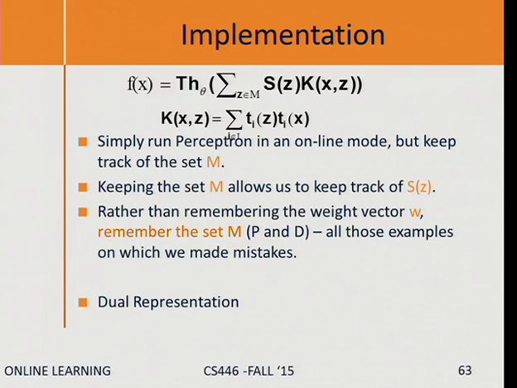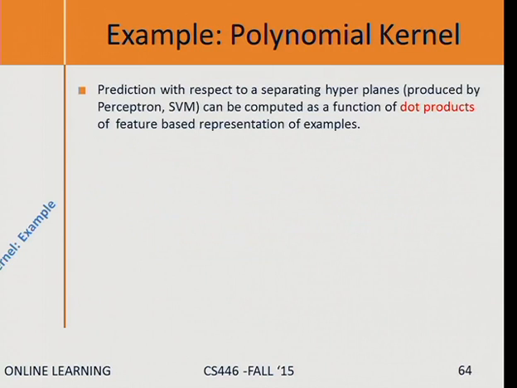And we're going to remember these, and that's it. Whenever you give me an X and ask me to compute the value of your current hypothesis on X, I'm going to look at my M, all examples that I tried so far and made mistakes on. I'm going to compute this K of XZ on all these Z's, and sum over this. Okay? So that's the dual representation of perceptron.